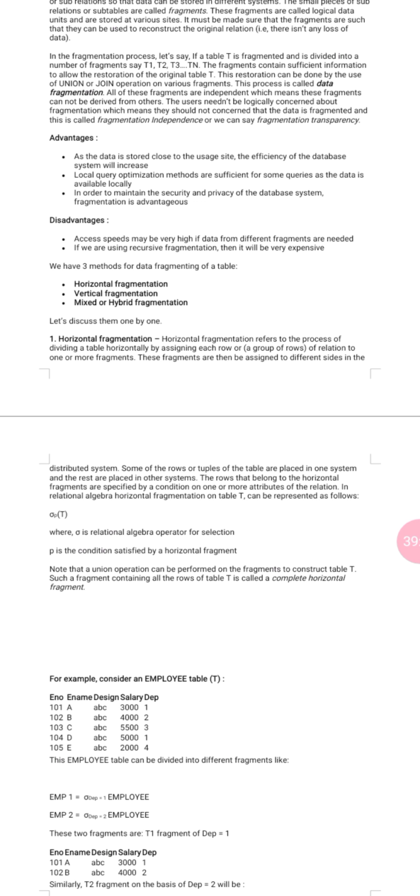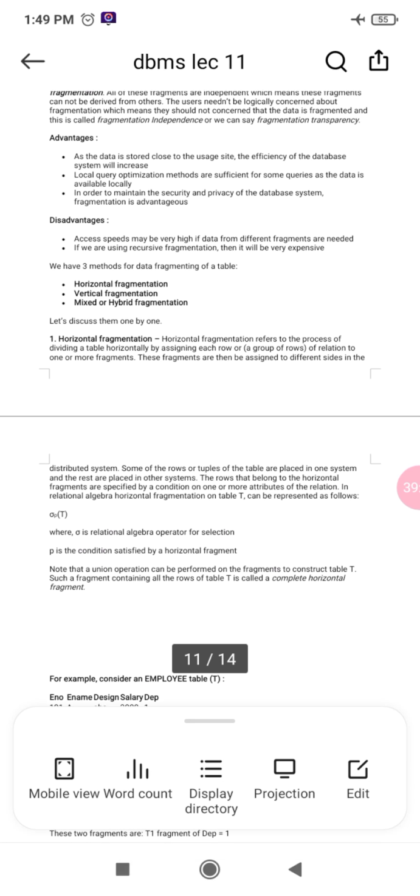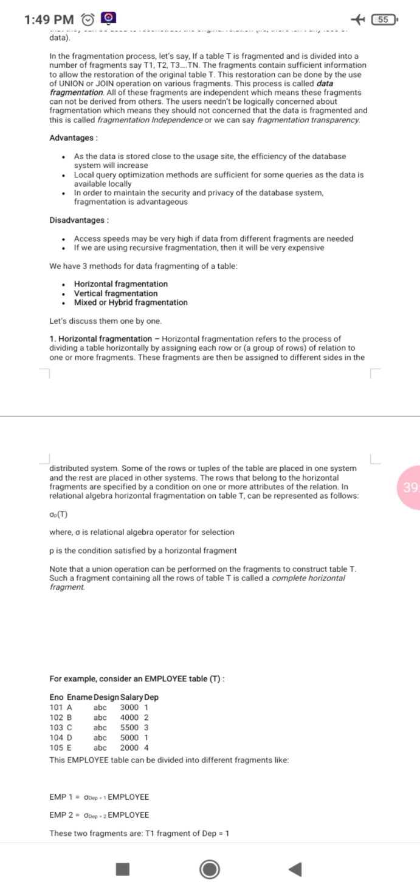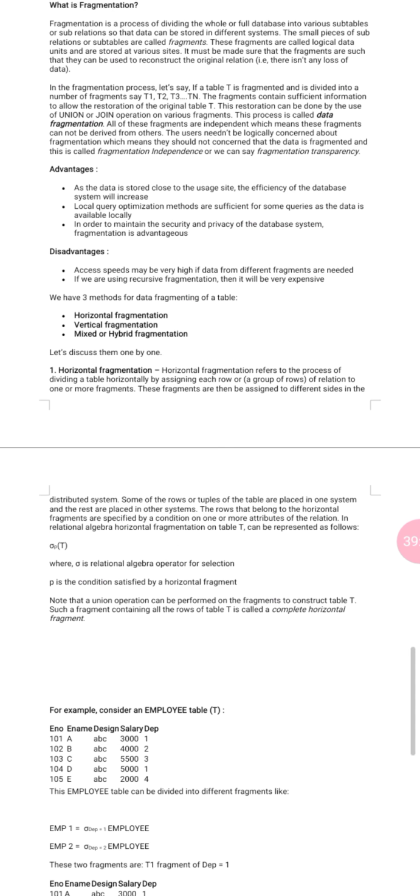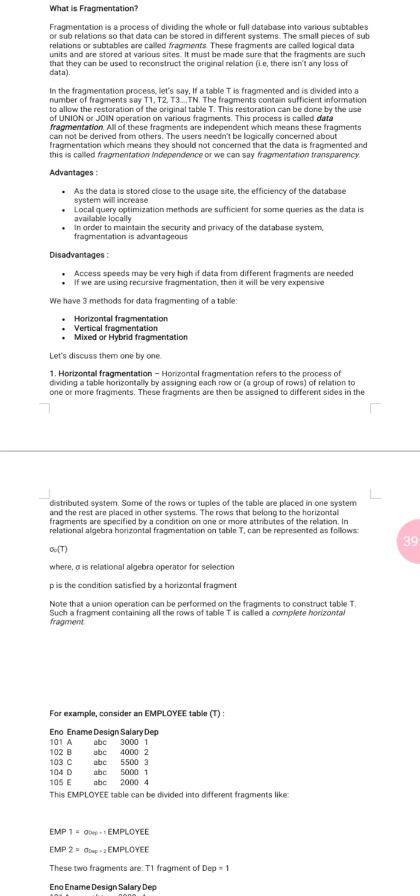There are different subparts, like replica, fragmentation, relational model. These are the subpoints, that is, sub-data. Clear? Which is divided into different relations, but data is not lost, right?